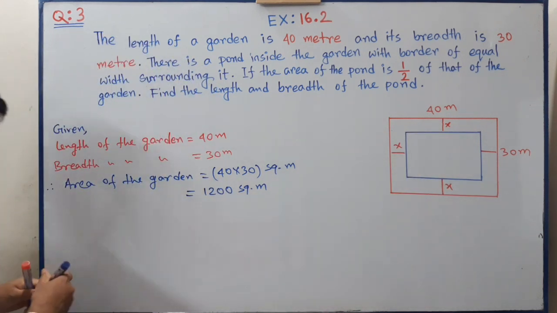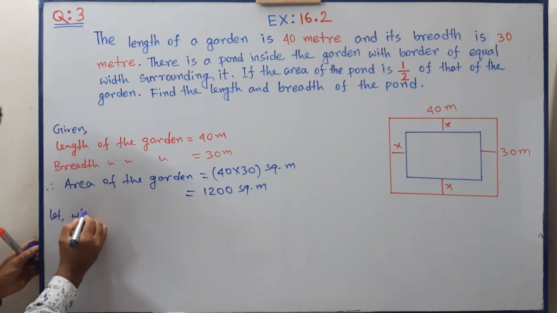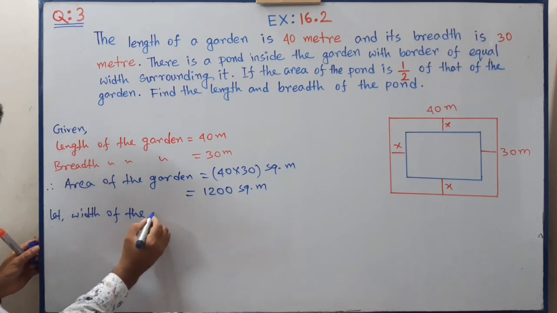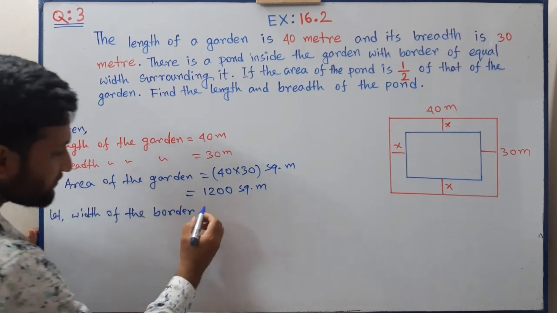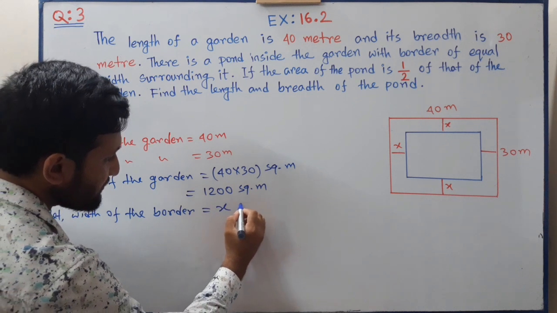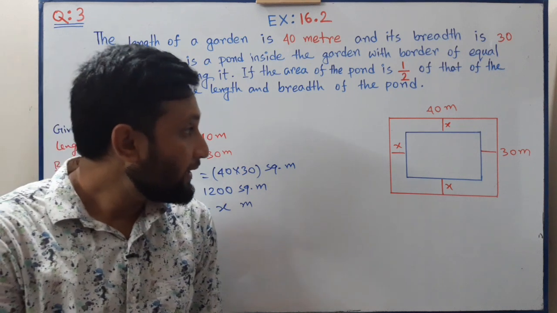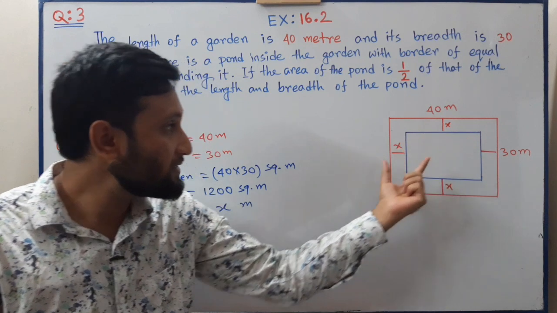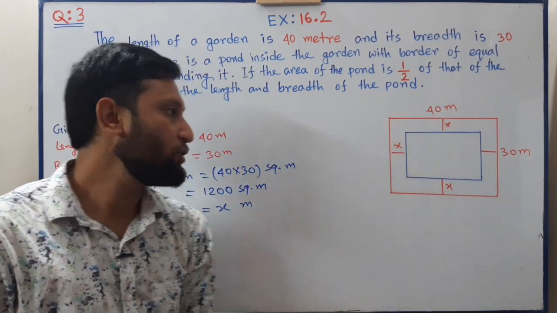Okay, now let the width of the border be x meters. So we can say that the length of the pond without border is equal to 40 minus x minus x, that means 40 minus 2x.